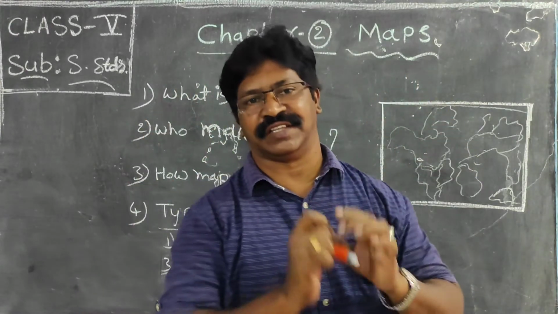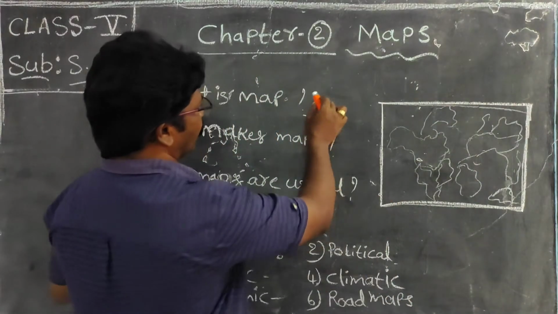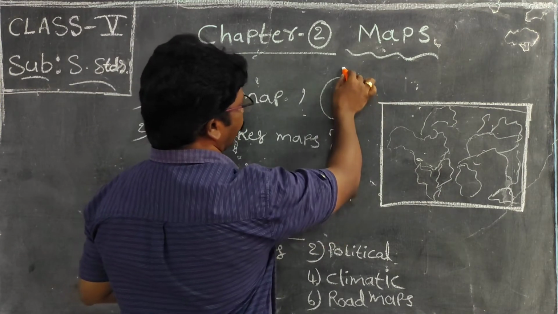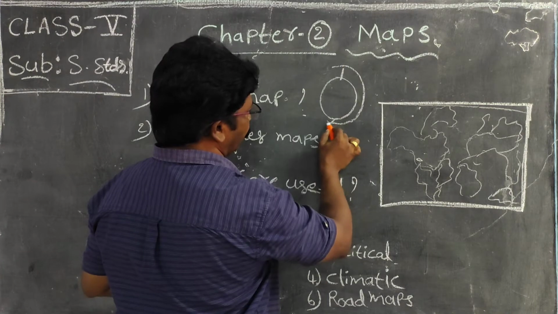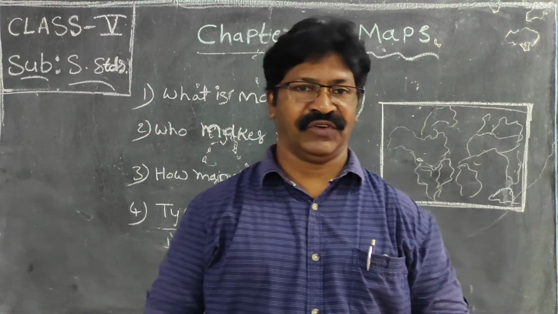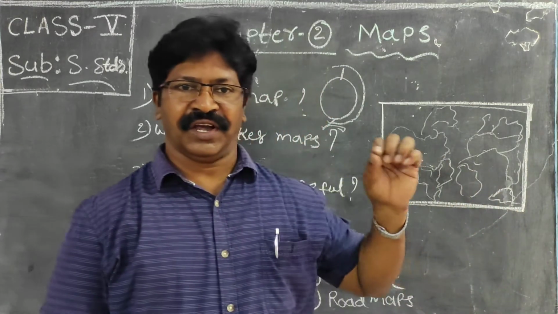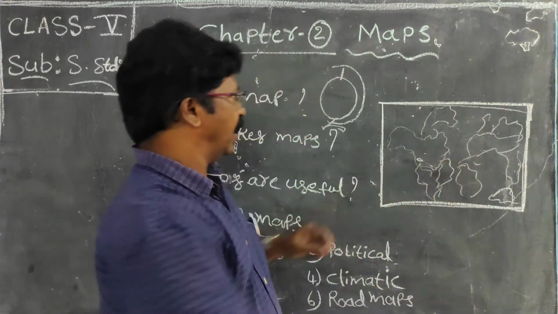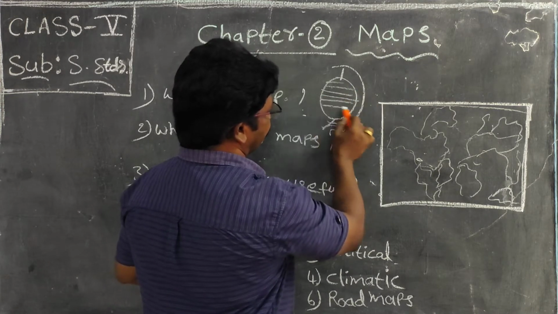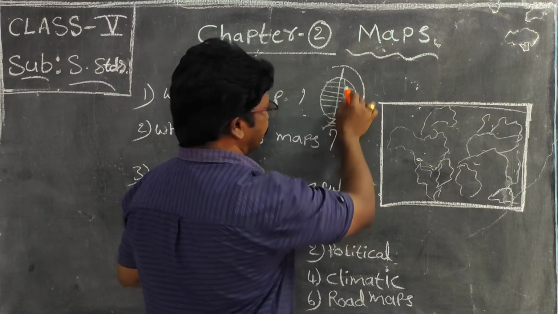the model of the earth. The globe is the model of the earth, and we read about the shape of the globe and also the advantages and disadvantages of the globe. We also read about latitudes and longitudes.